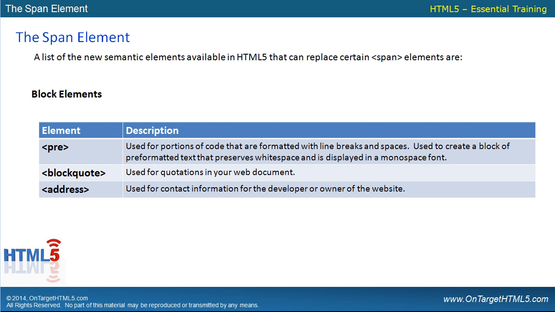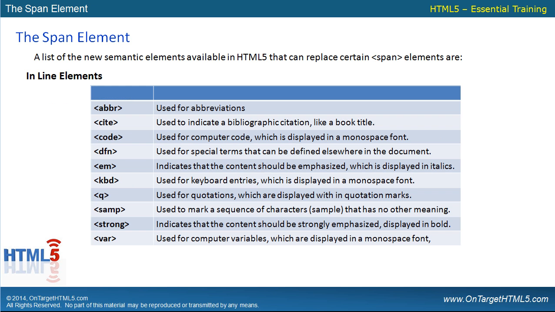So here is a list of the new semantic elements available in HTML5 that can replace certain span elements. In block elements we have the pre tag, the blockquote tag, and the address tag. And let's keep in mind, I may have made it sound like these were only available in HTML5, but they're not. They've been available for a while. We want to make certain that, when applicable, we use these block element tags instead of span tags. The same thing with the inline element tags.